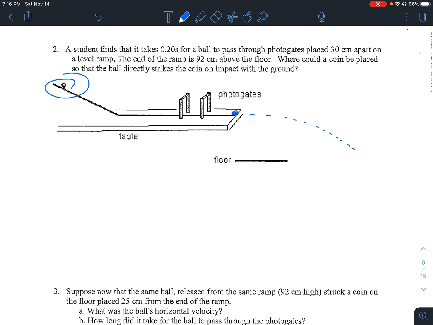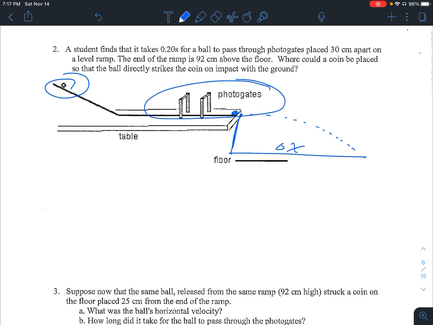We're asked to figure out where horizontally relative to the edge of the table it is going to land. So we're looking for this delta x. And again, we can't use this as a triangle because the parabolic motion of the ball does not actually make a triangle. The little different part of this one is we have these things called photo gates here.